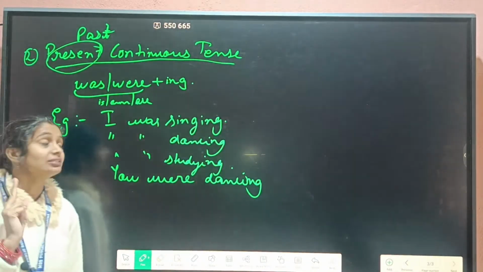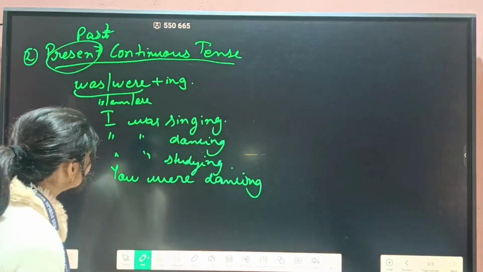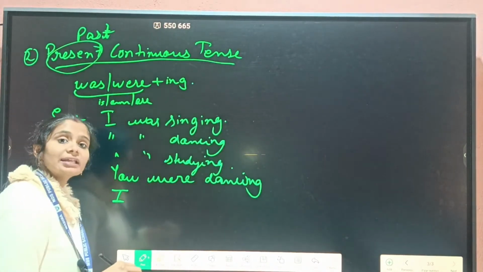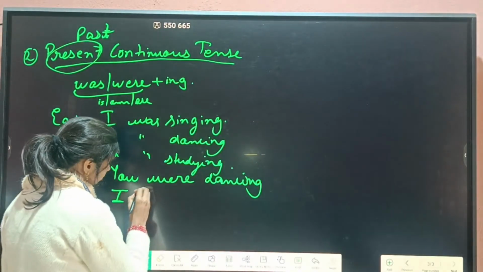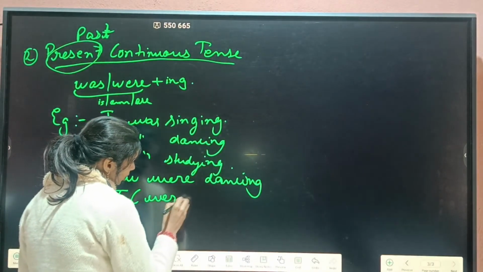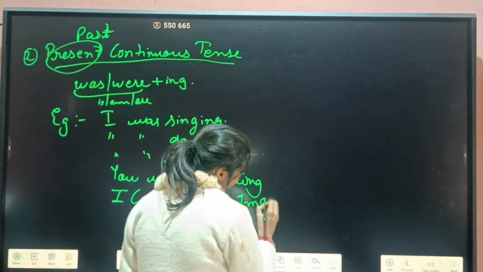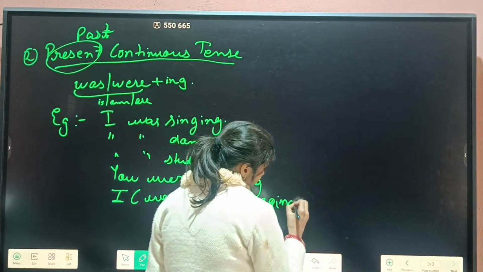But one thing we have to keep in mind is that with I, we can also use were. This is the exceptional case, only and only if the sentence is imaginary.